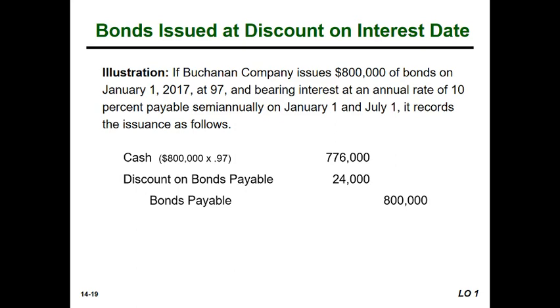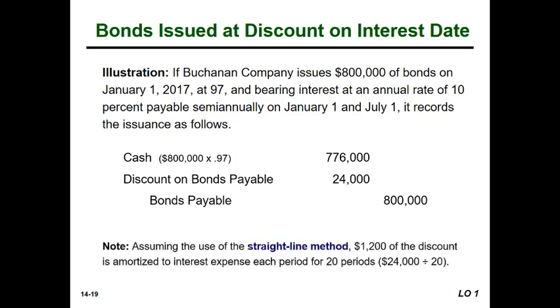Just remember, discounts are amortized over the term of the bond and are then posted as additional interest expense at the interest dates and the accrual dates. To illustrate this, we will work forward and look at the first semi-annual payment and how the bond discount will be dealt with.